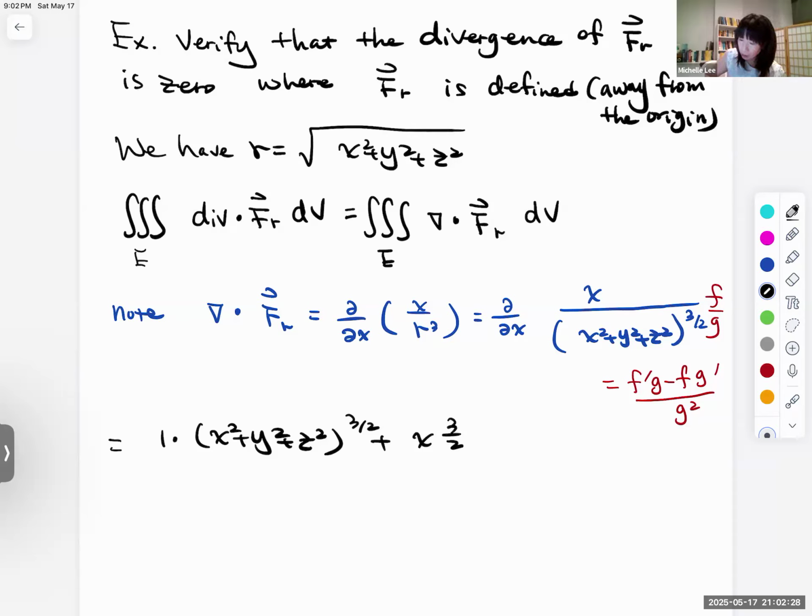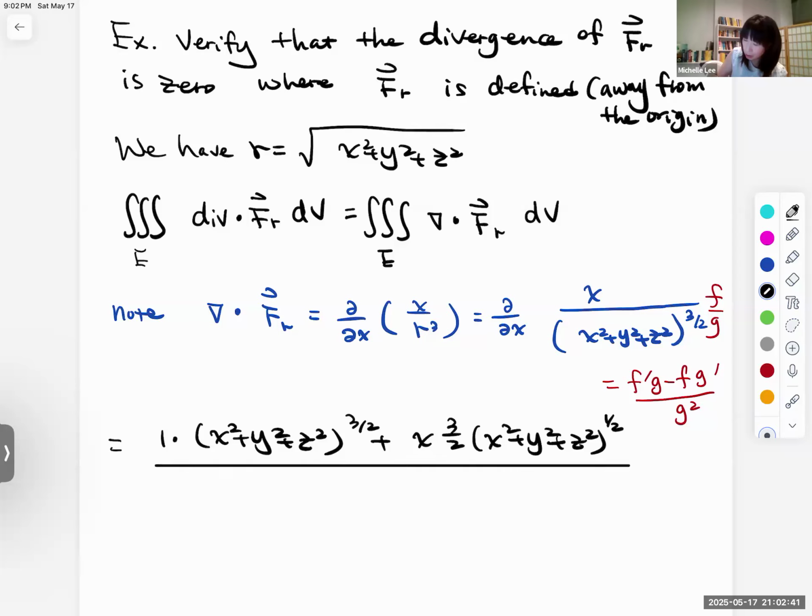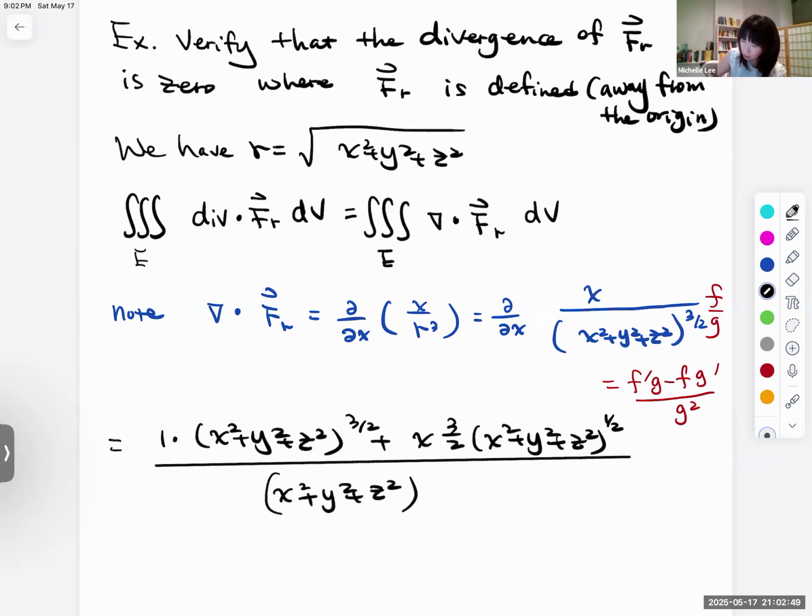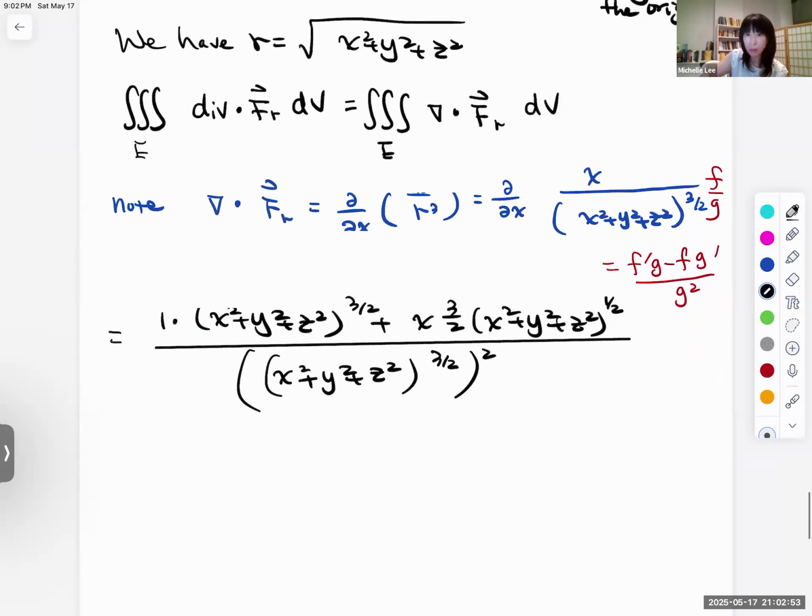So we bring down the power and reduce by 1. So 3/2 minus 1 gives 1/2. And over g squared. So g squared, we have x squared plus y squared plus z squared to the 3/2, squared. Yeah. Okay.